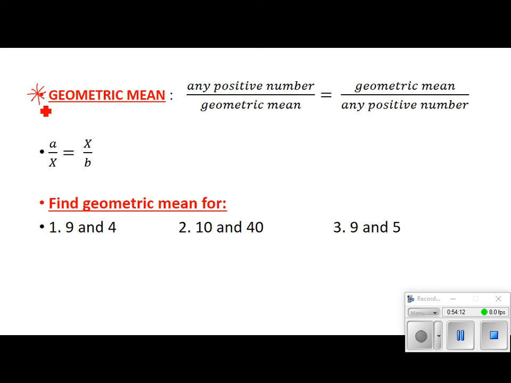Find the geometric mean, and we're going to do these three examples, and that should be enough to show you how to do it. It's not real difficult.